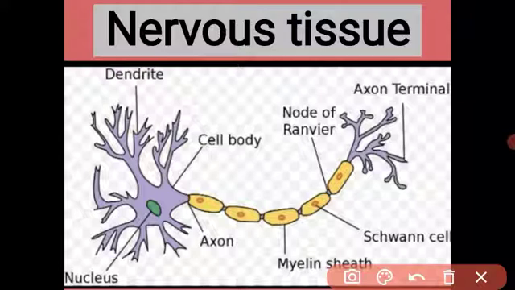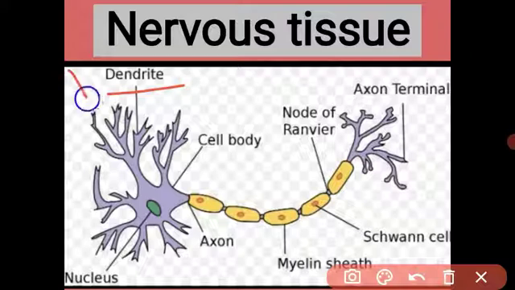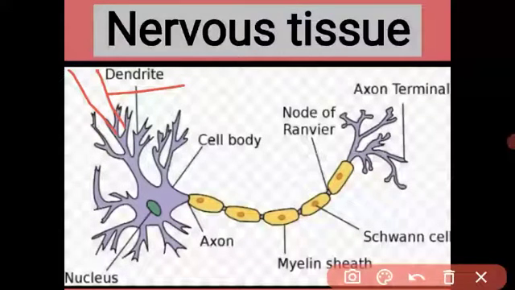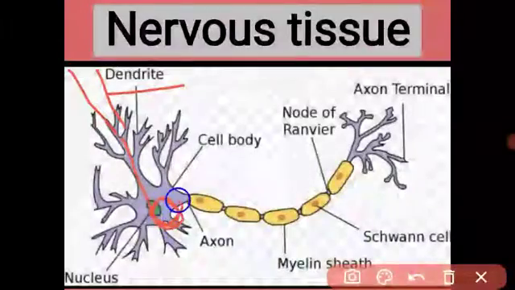Understood student? Means, see, these dendrites receive the impulses from another neuron and send them to the cyton.